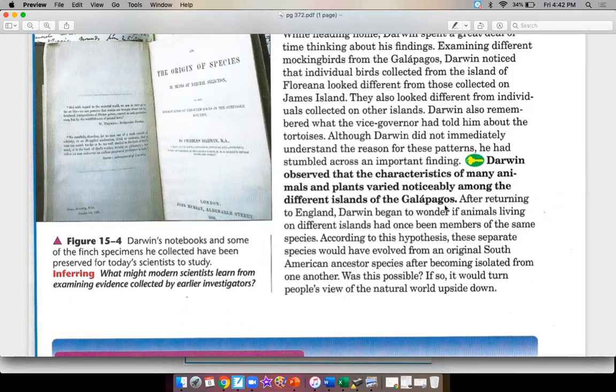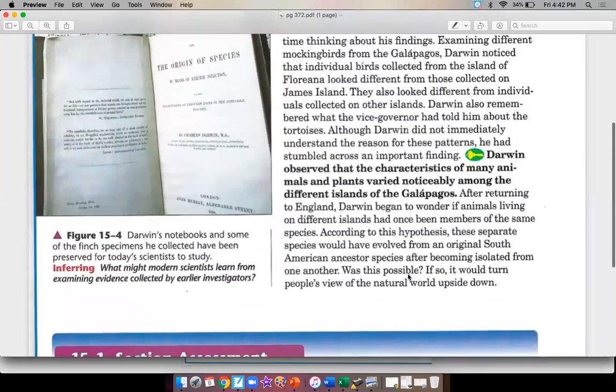After returning to England, Darwin began to wonder if animals living on different islands had once been members of the same species. According to this hypothesis, these separate species would have evolved from an original South American ancestor species after becoming isolated from one another. Was this possible? If so, it would turn people's views of the natural world upside down.